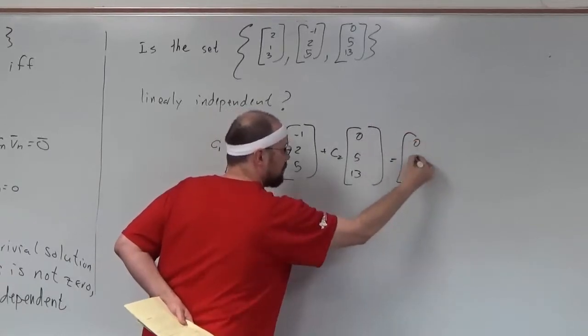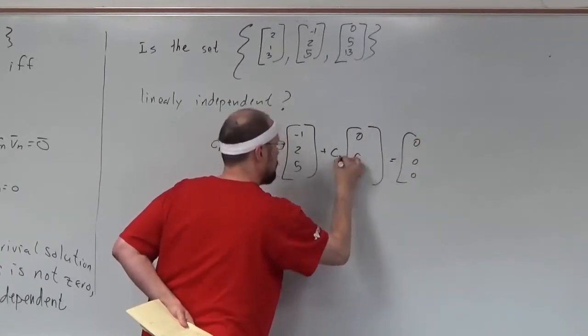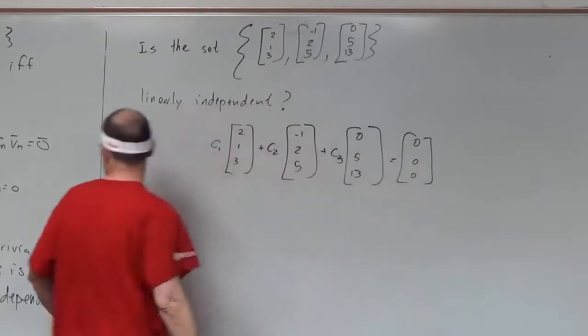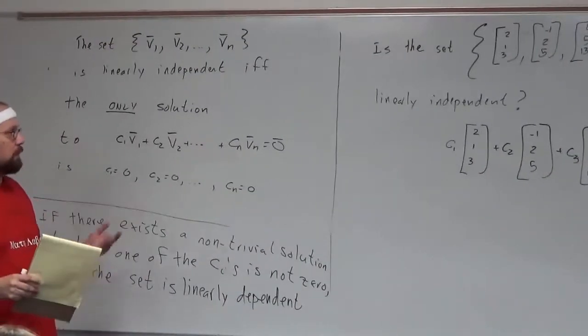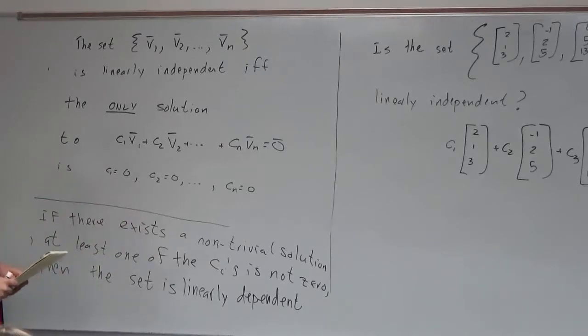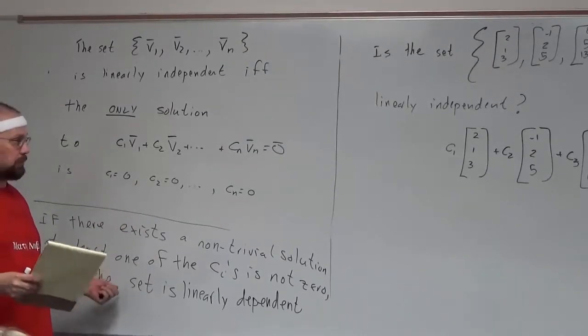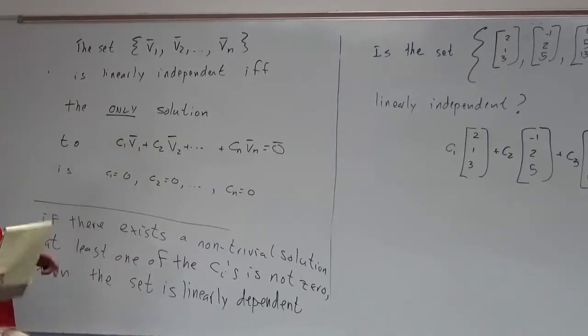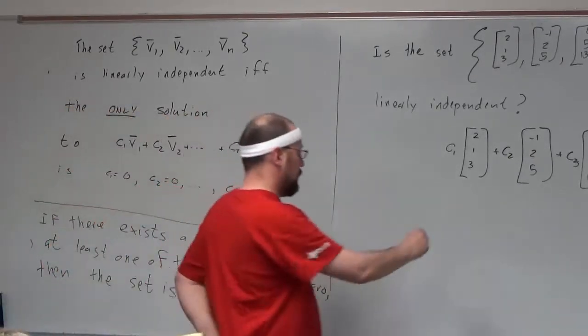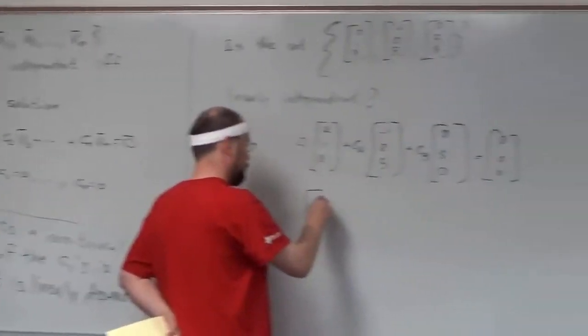And we solve for C1, C2, and C3. If the only solution we get is the trivial one, then we know we have linearly independent vectors. But if you get at least one non-trivial solution, we have dependent vectors. So, write this as a matrix equation.